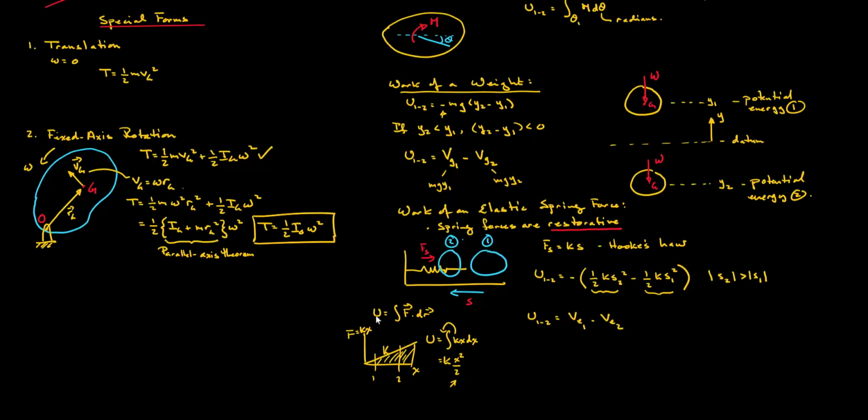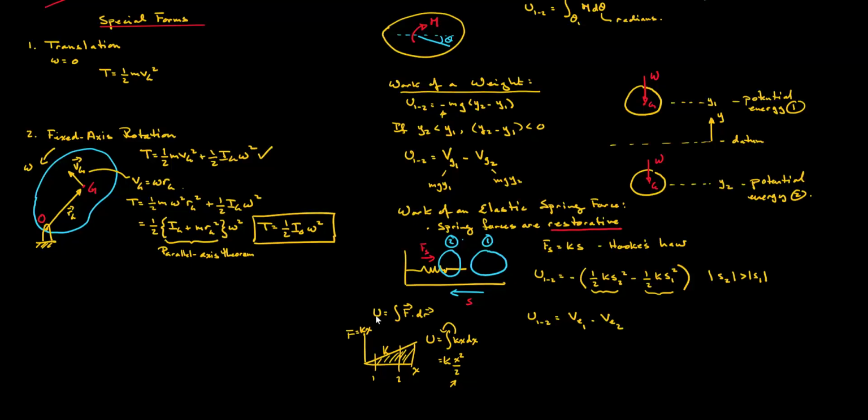Again, potential energy is the potential to do work. As we see, there is a reciprocal relationship between a change in potential energy and work done by a certain force.